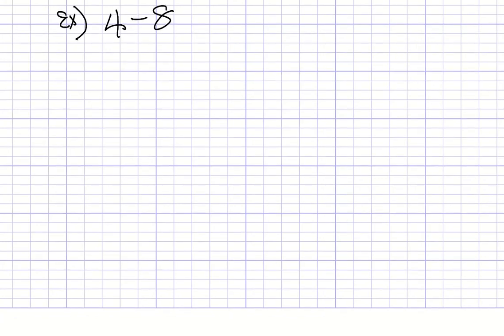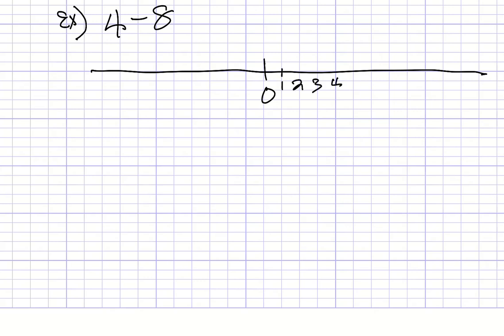All right, one more example, and then we'll move on to something else. Let's say I say 4 minus 8. How do you demonstrate that using the Cartesian coordinate? You draw it, and put 0 anywhere you want. Then you go 1, 2, 3, 4, 5, 6, 7, 8 and divide it up like that.